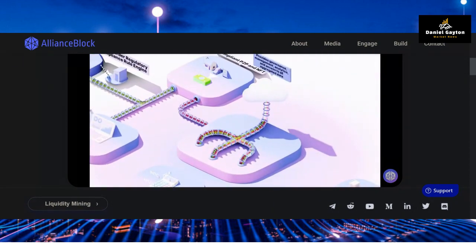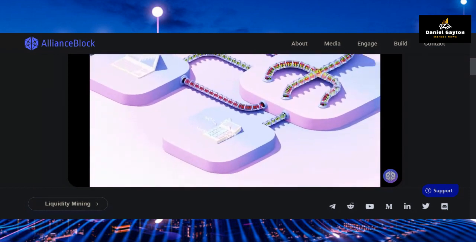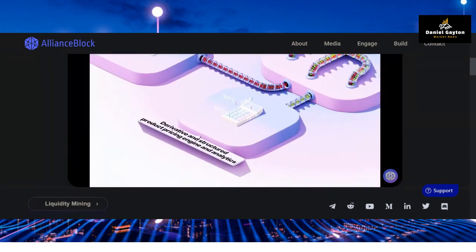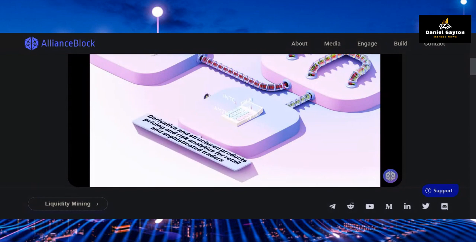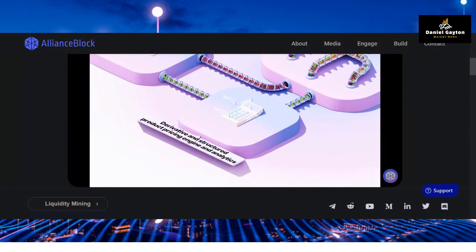Our data tunnel module will make it easy for anyone to publish, monetize, use, and analyze data. Our pricing engine will provide derivatives and structured product pricing and cutting-edge risk analytics. This will be able to, for example, solve the risk of impermanent loss for liquidity providers. It will be open to all DeFi liquidity mining programs.